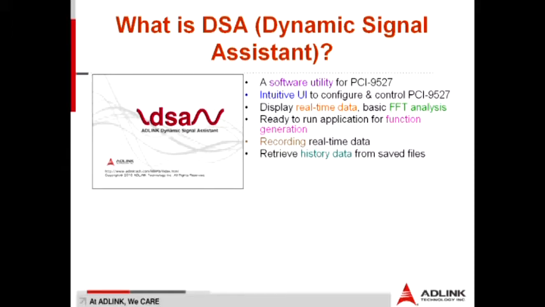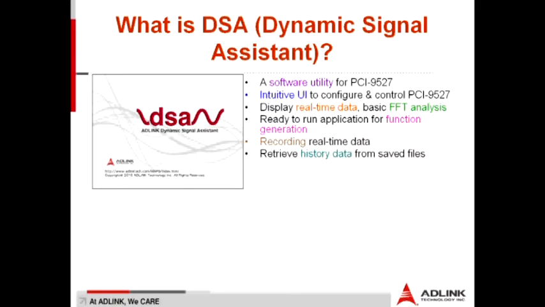It also provides a basic FFT analysis to analyze the dynamic characteristics of acquired data. Also, the software provides an interface allowing users to directly set the output waveform for AO, for example sine wave, square wave, or triangular wave. Setting parameters such as frequency and vibration amplitude with button presses allows PCI 9527 to output basic waveforms for testing.